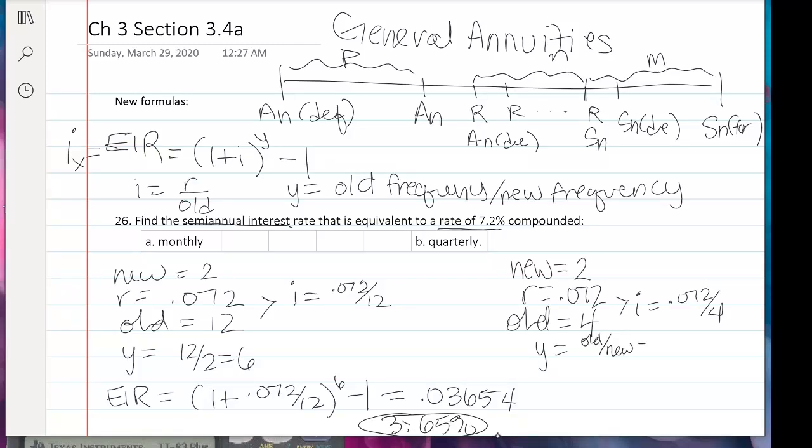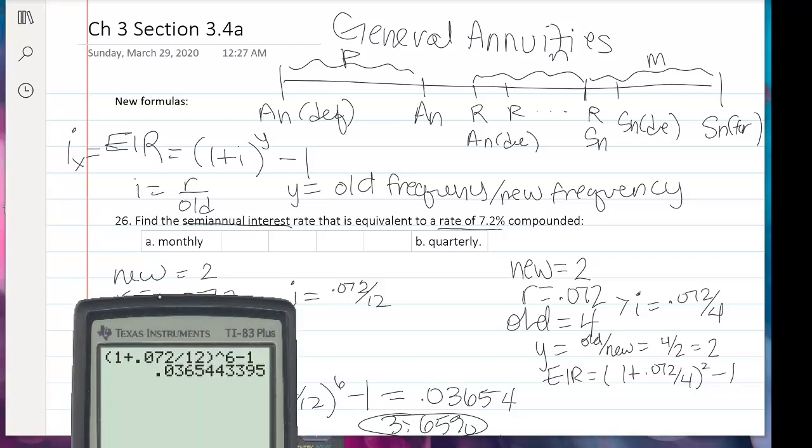That's 4 over 2, so 2, which makes sense because there are 2 quarters in every semi-annual period. So then our effective interest rate is going to be 1 plus 0.072 over 4, squared, minus 1.